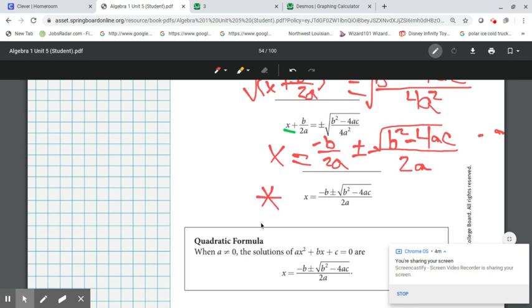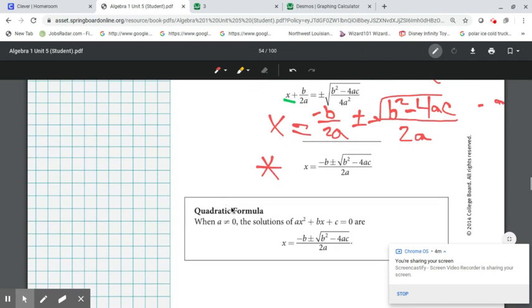All right, so the quadratic formula can be used to solve any quadratic equation, just as long as the quadratic equation is written in standard form. And in standard form, that means where a does not equal 0. So if a equals 0, it's not quadratic.